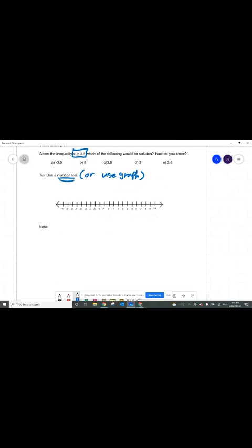So I want you to write down two different types of notation. I want you to draw a solid circle. This solid circle is used when we have bigger or equal to, or smaller than or equal to.